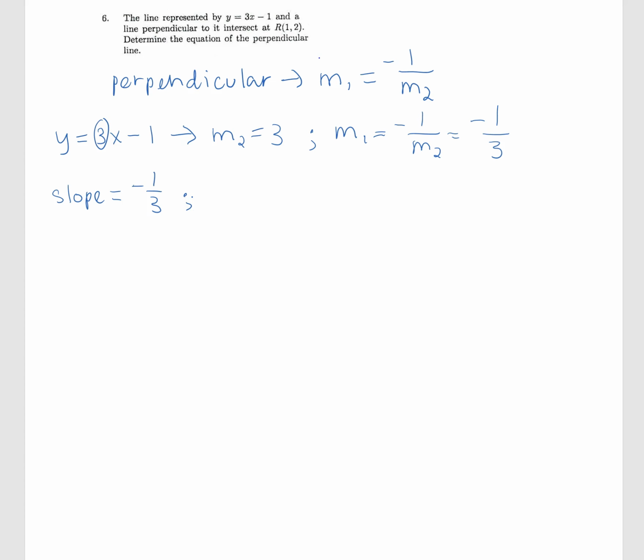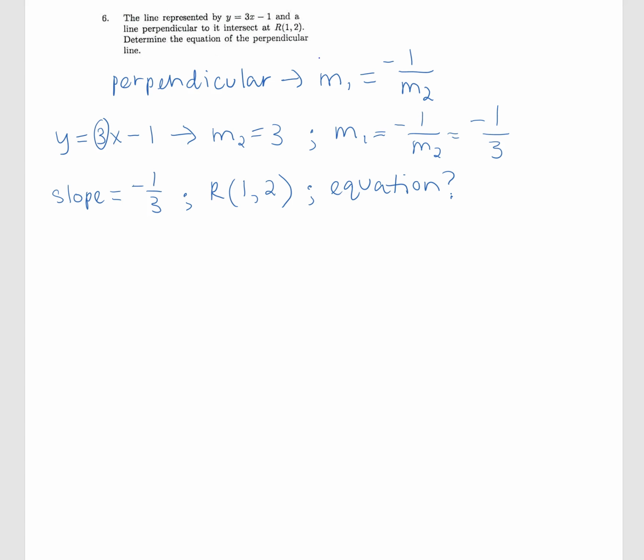And from the question, we know that a point on this line is R at x equals 1, y equals 2. And so now, with this information, we want the equation of this line.